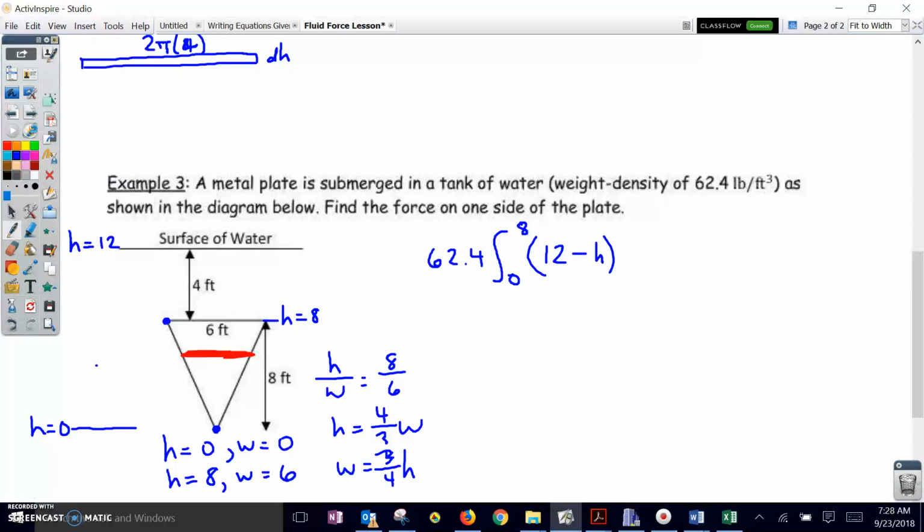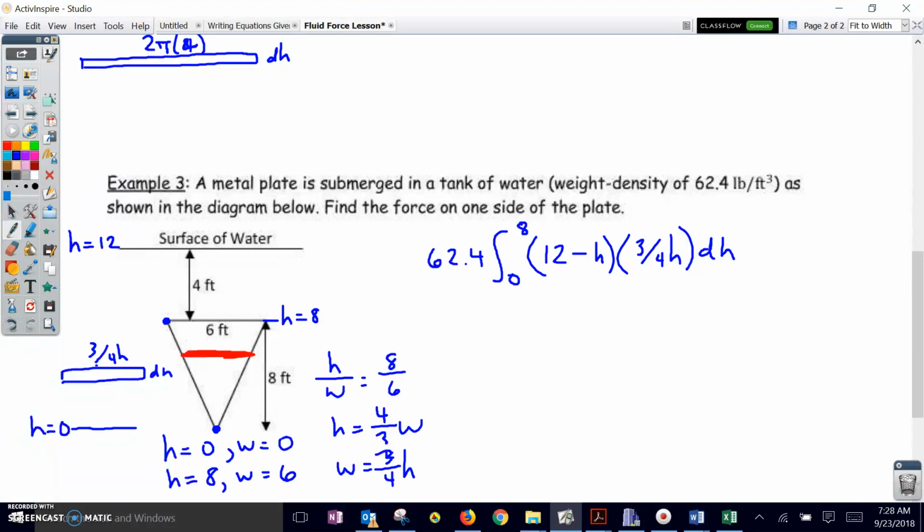And so the area of this strip, the width of it is 3/4 the height. The thickness is the change in height. And so our model for the area of a typical strip is going to be 3/4 h dh.